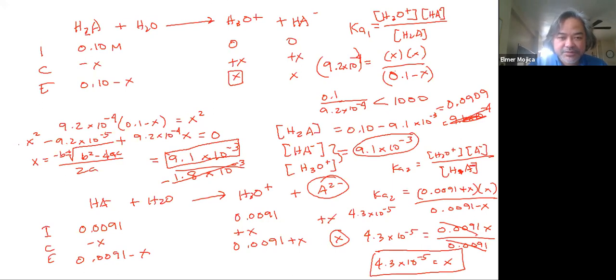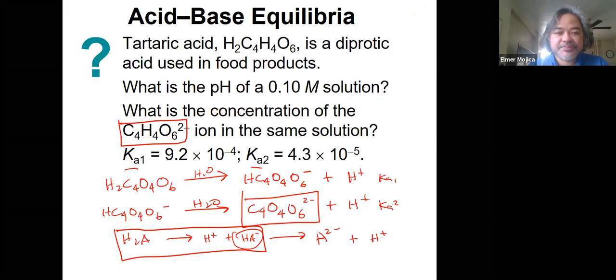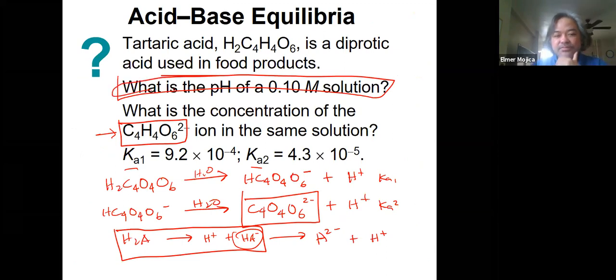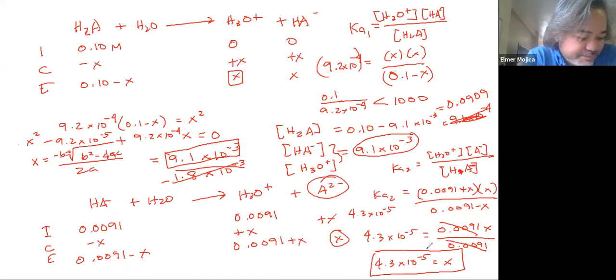So I want to go back to the problem here. We solved the concentration here, but we have not solved yet this one. What is the pH of a 0.1 molar solution of tartaric acid? Which X are we going to use to solve that problem?